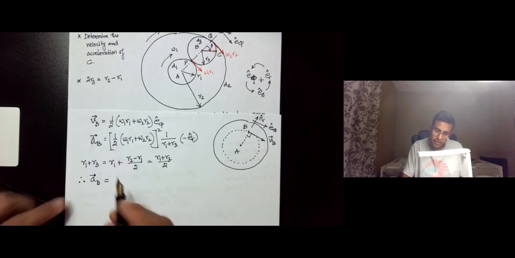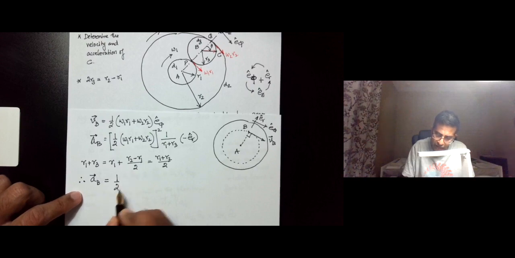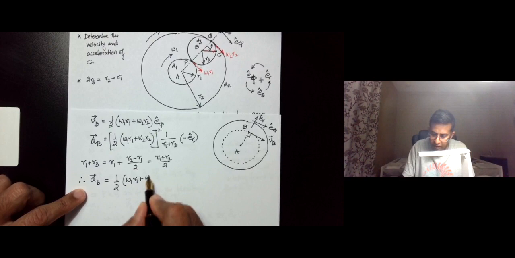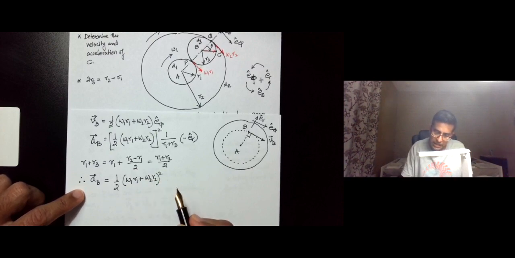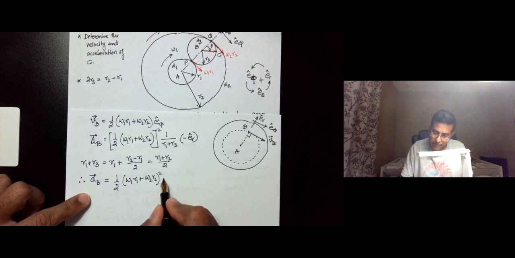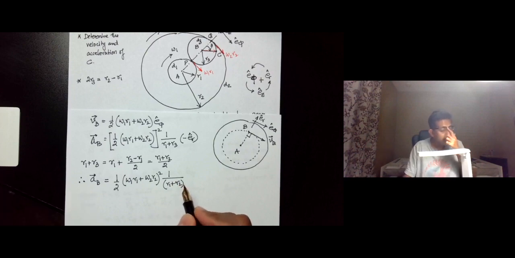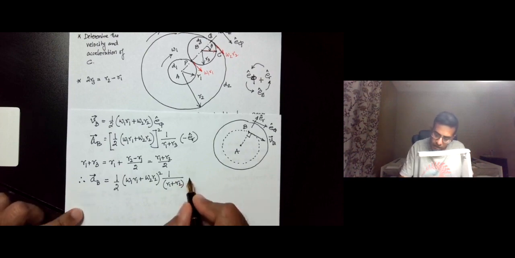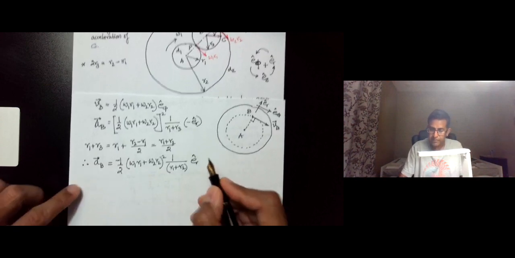So you are going to get a half times (omega 1 R1 plus omega 2 R2) squared times 1 over (R1 plus R2), with a negative sign, and this is in ER.